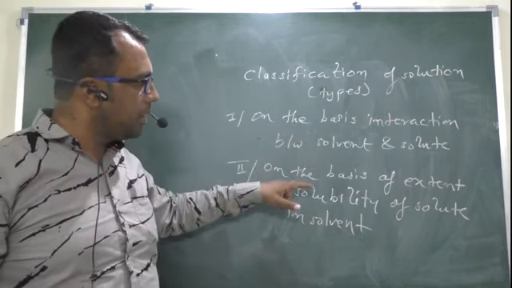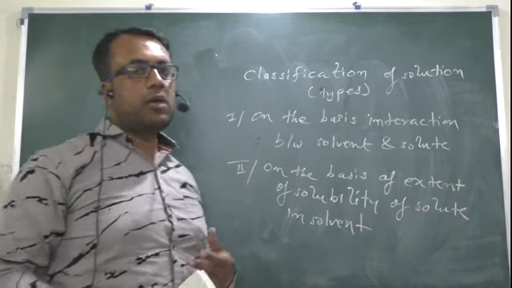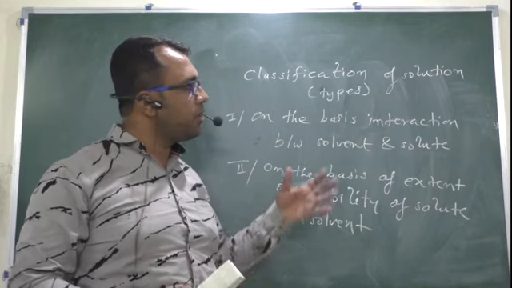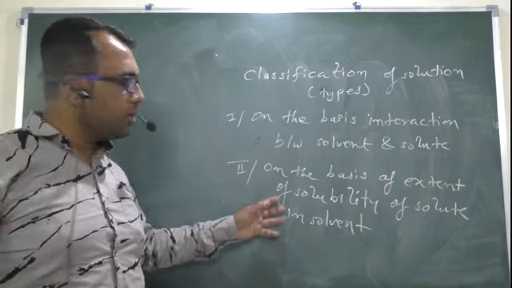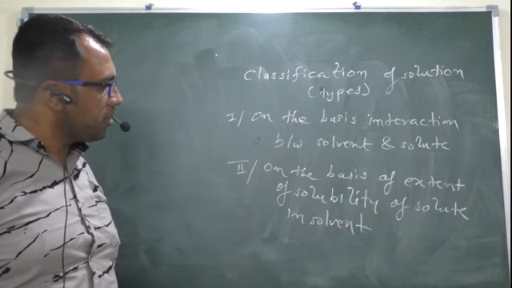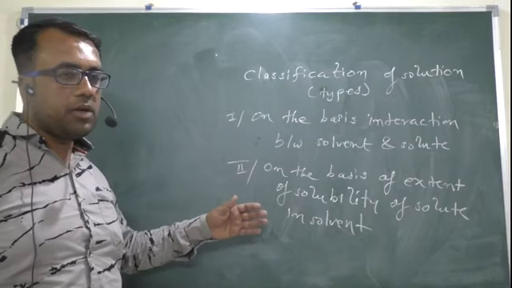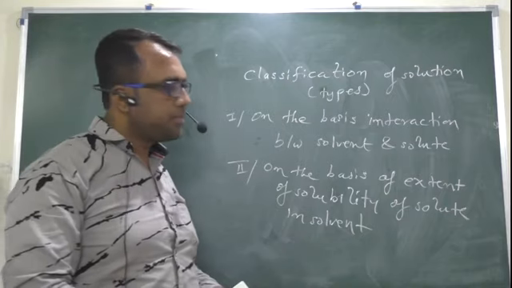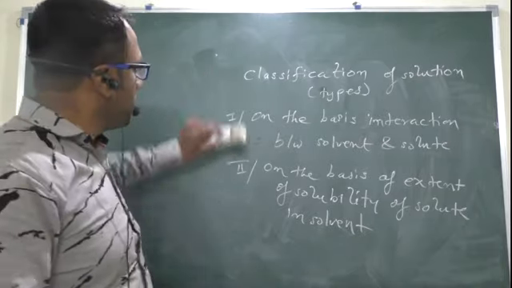I will also explain what is the exact meaning of interaction. The second basis, as you are seeing already on the board here, is on the basis of extent of solubility of a particular solute in a given solvent. So let's start classifying them without taking much more time here.